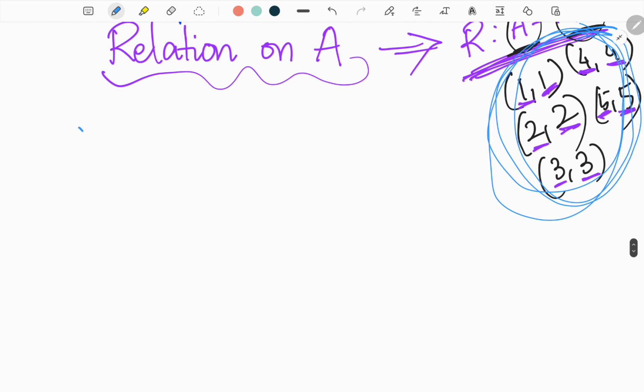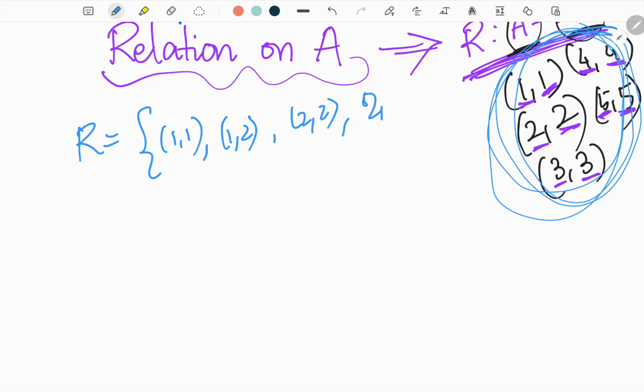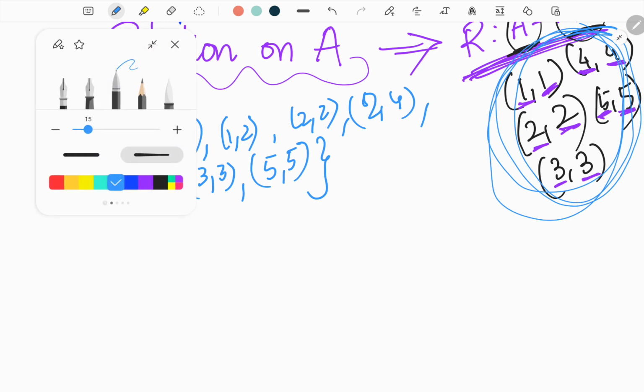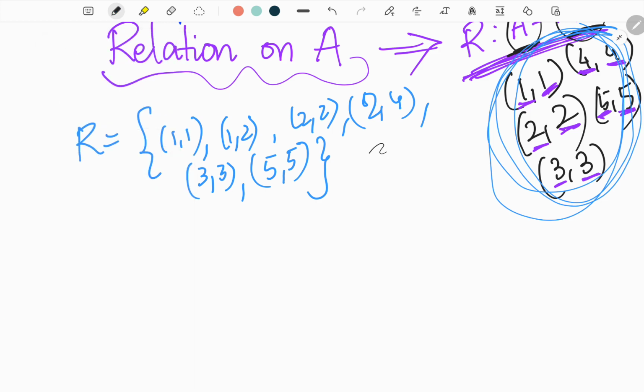So, for example, if I'm having a relation 1 1, 1 2, 2 2, 2 4, 3 3, 5 5. Now, is this a reflexive relation? No, it is not a reflexive relation.